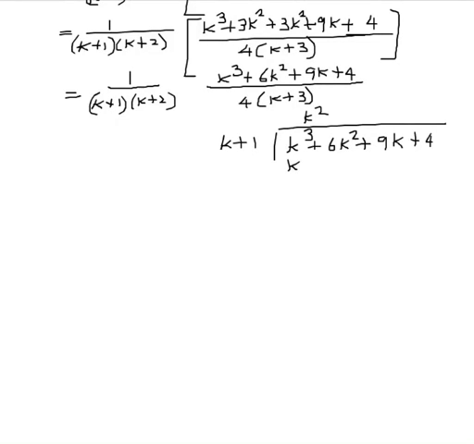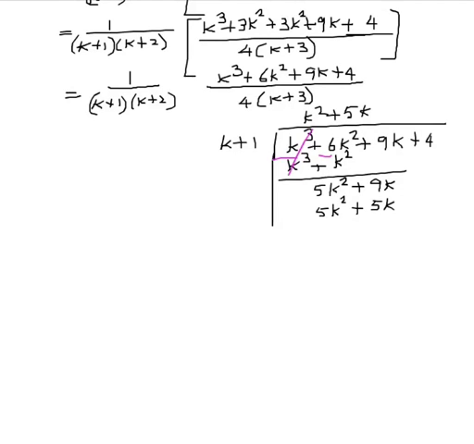K square into k cube plus 1 into k square. Change the sign. These two are getting cancelled. 6 minus 1, 5k square, and bring down the next term. Now I have to write 5 here, 5k here. 5k into k is 5k square and 1 into 5k.